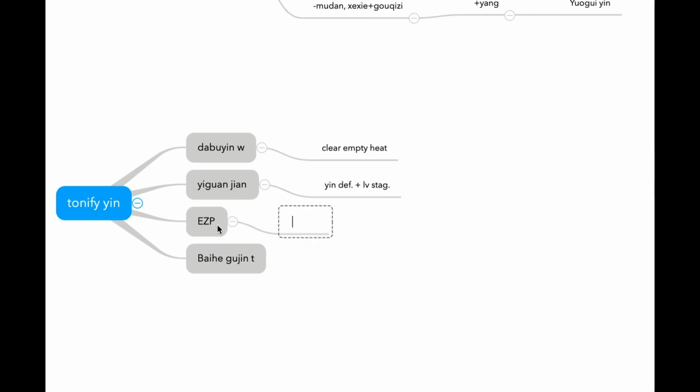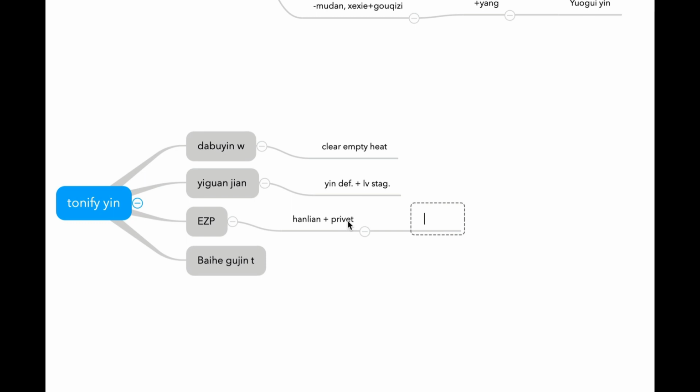Erzhi Wan, the two solstice formula, right? Hanlian cao, and privet, Nuzhenzi, privet. So what is the keyword for Erzhi Wan? Early gray hair.